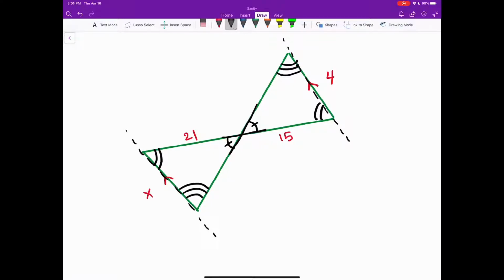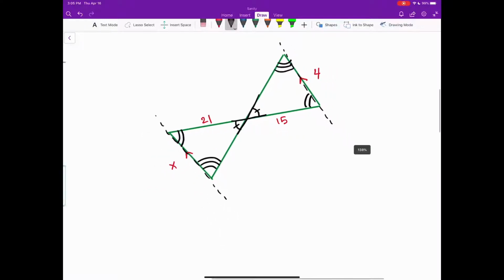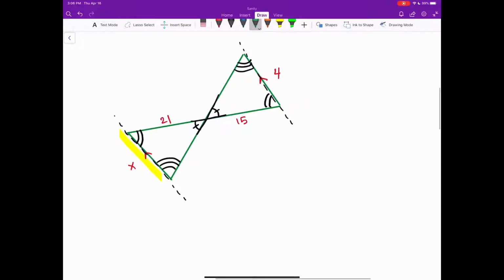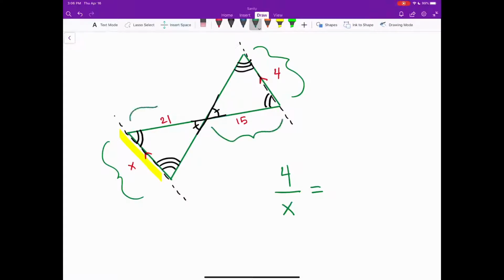Let's set up a proportion between these 2 triangles and see if we can solve for this third length X. Off to the side, I know that this side, side 4, is the corresponding side to X, right? So there's this proportion, 4 over X. The ratio between 4 and X has to be the same ratio as between my side 15 and 21.